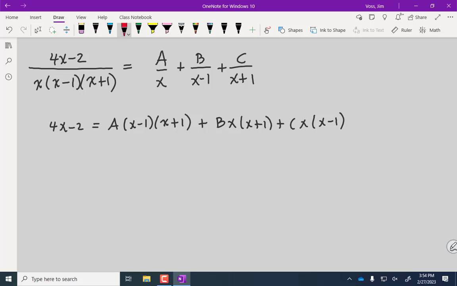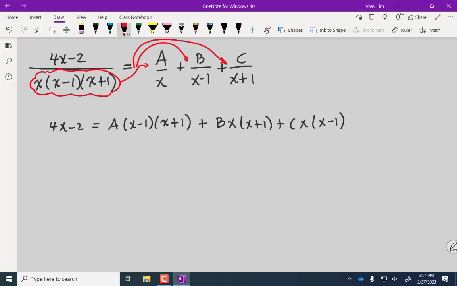So this denominator is being multiplied by each of these 3 fractions. And you get a cancellation of 1 factor with each fraction. Everyone okay with that? So we're multiplying both sides by the left denominator, canceling.